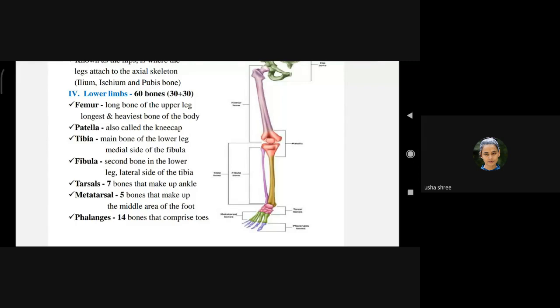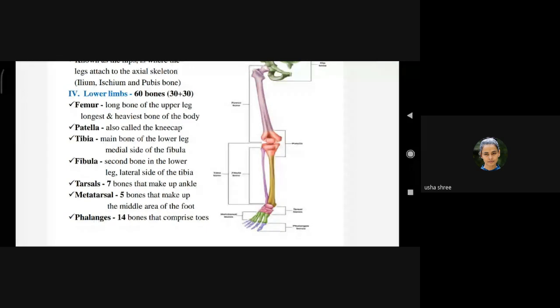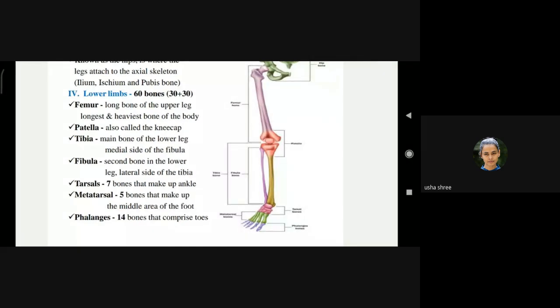You can see the fibula is the thin bone on the back side, and the tibia is the shin bone on the front side of the body. That is why it is written as medial side of fibula, and the second bone of the lower leg, lateral side of tibia.